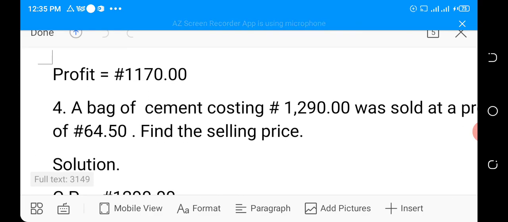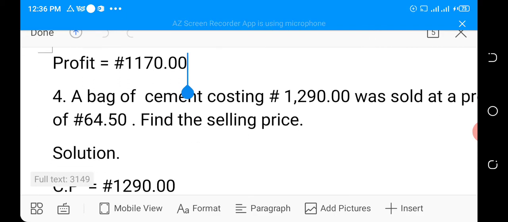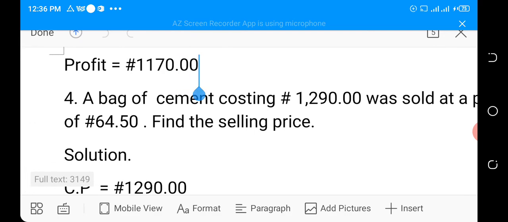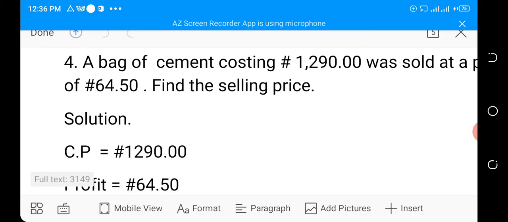So looking at example 4, a bag of cement costing 1,290 naira was sold at a profit of 64 naira 50 kobo. Find the selling price. Here we are looking for the selling price. What am I given? I'm given cost price. The cost price is 1,290 naira.